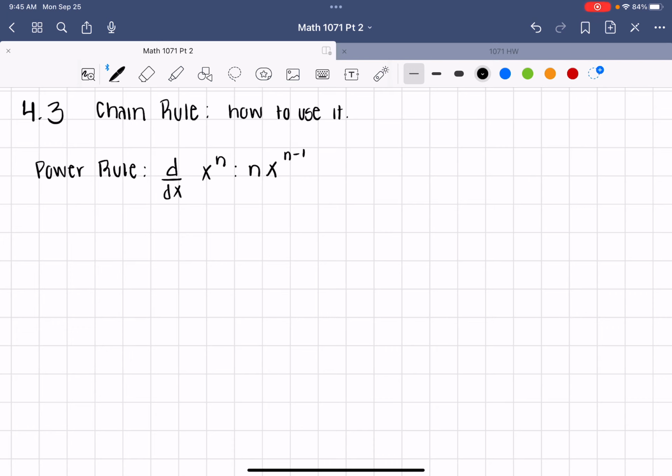The chain rule starts the same way. It's dealing with the same situation, only instead of just a simple x underneath the n, let's say you've got something more complicated. I'm going to call it box.